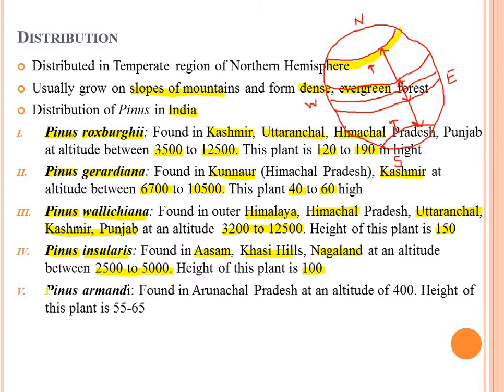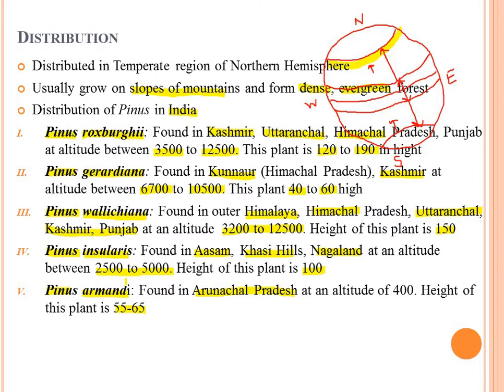The last one is Pinus armandi. This species is found in Arunachal Pradesh at an altitude of 400 feet above sea level, and the height of this plant is 55 to 65 feet. These are the 5 species. They are generally distributed in India, and mostly found in the Himalayas.